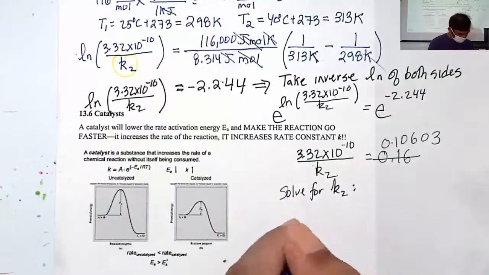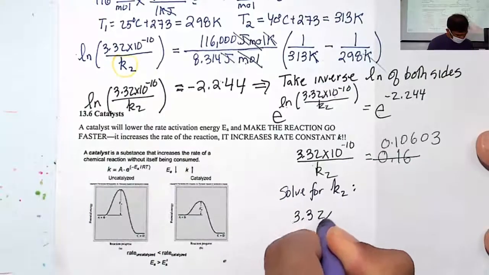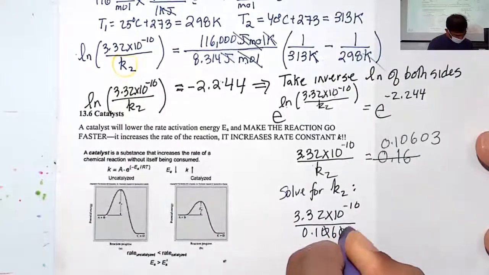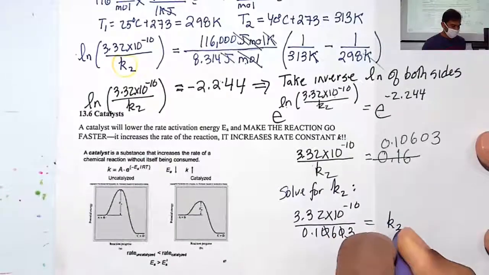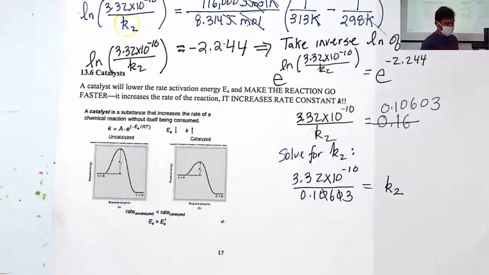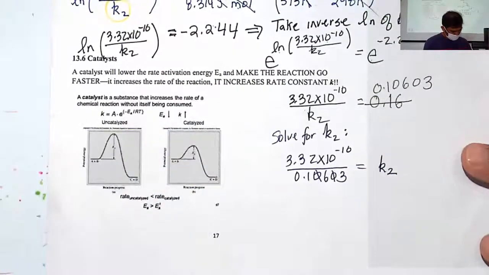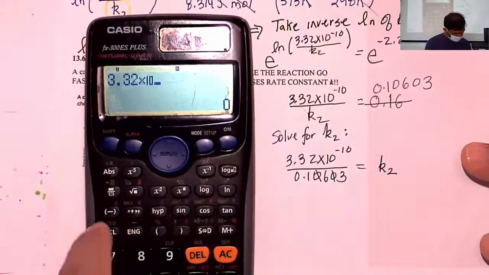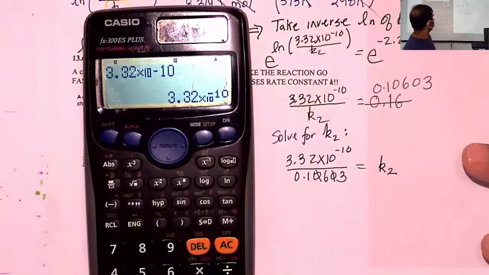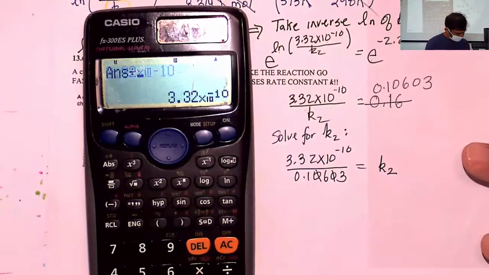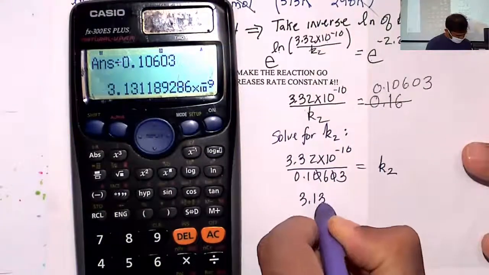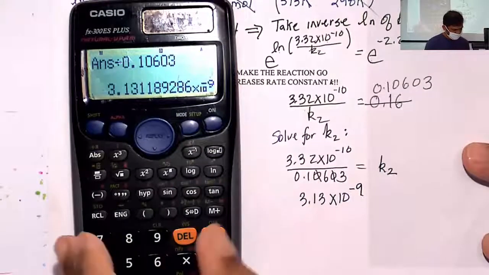So again, this is math, not chemistry. 3.32 times 10 to the minus 10 divided by 0.10603 is equal to K2, and this should be my final answer: 3.13 times 10 to the minus 9. And don't forget to put back in the units.